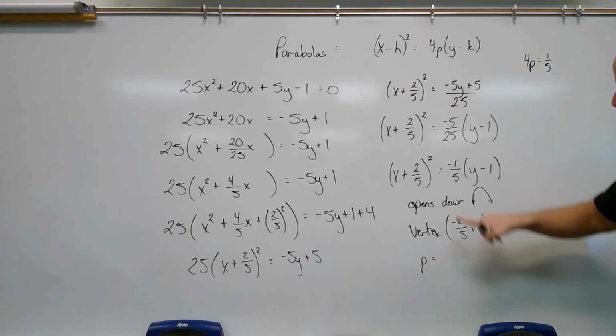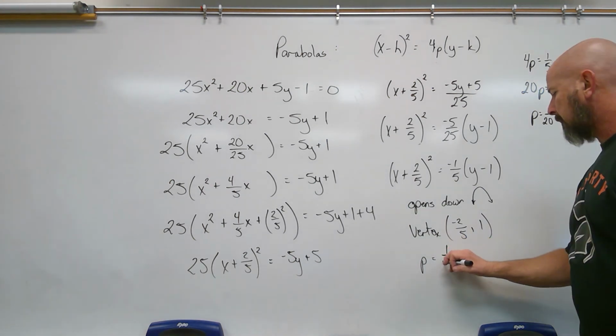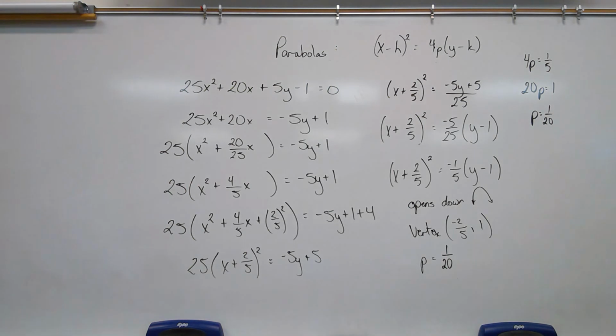So 4p is where that 1/5 is. So let's say we had that. 4p is 1/5, and if I go through and solve this for p, 20p is 1. p is 1/20th. There's that p value, 1/20th. So again, I multiply both sides by 5, give me 20p is 1, divide by 20, 1/20th.